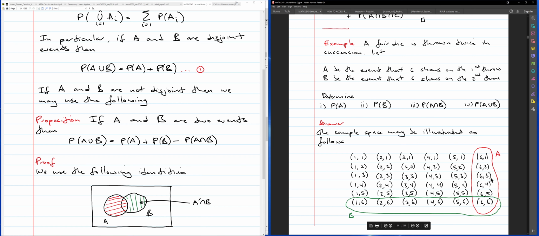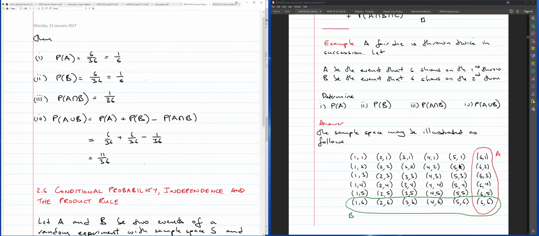Okay, and B is the event that 6 shows on the second throw, so that would be in your green circle over here. So this is the event A in red, and B is the event B in green. And what we want to get is probability of A, probability of B, probability of A intersect B and probability of A union B.